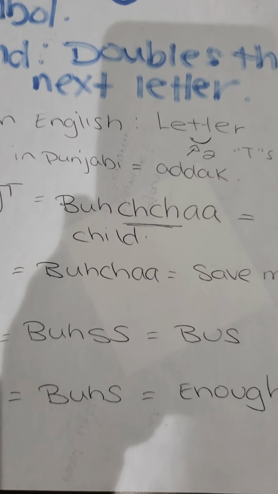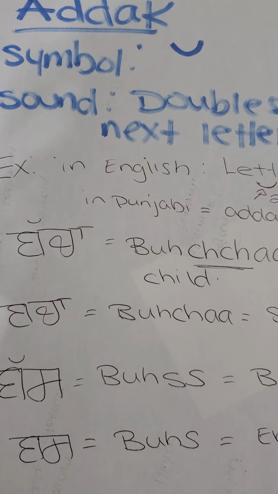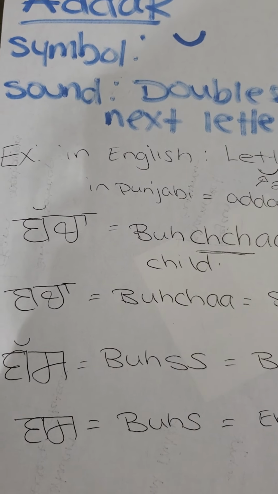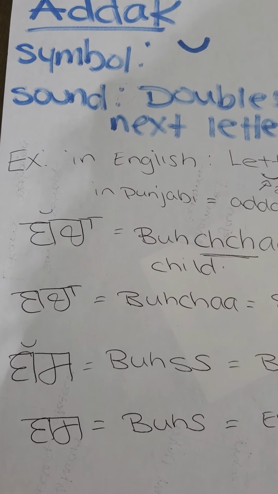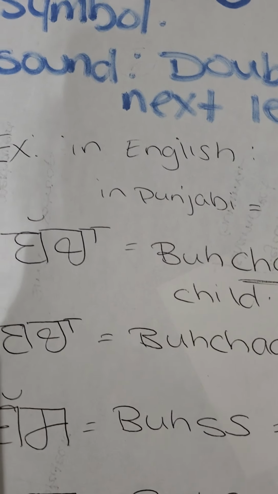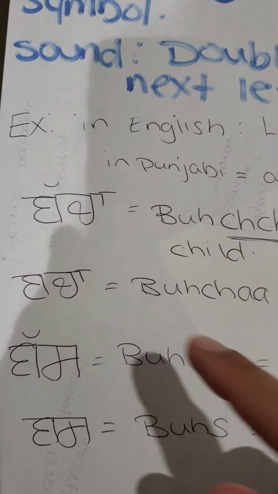Okay. The thing with addak is that there are some words that have the same akkad, but they don't have an addak. Okay, so for example, we did this example here, right? Baba, addak, chacha, kanna. This one was bachja, which is a child.